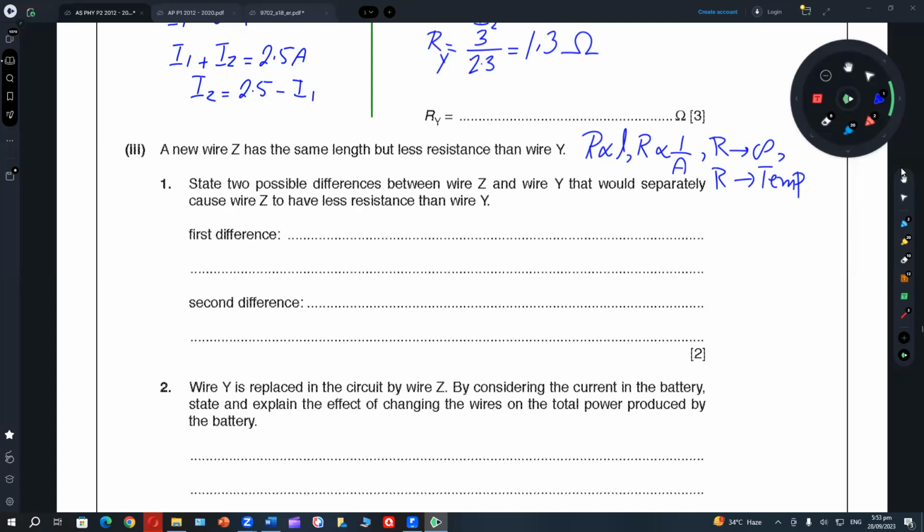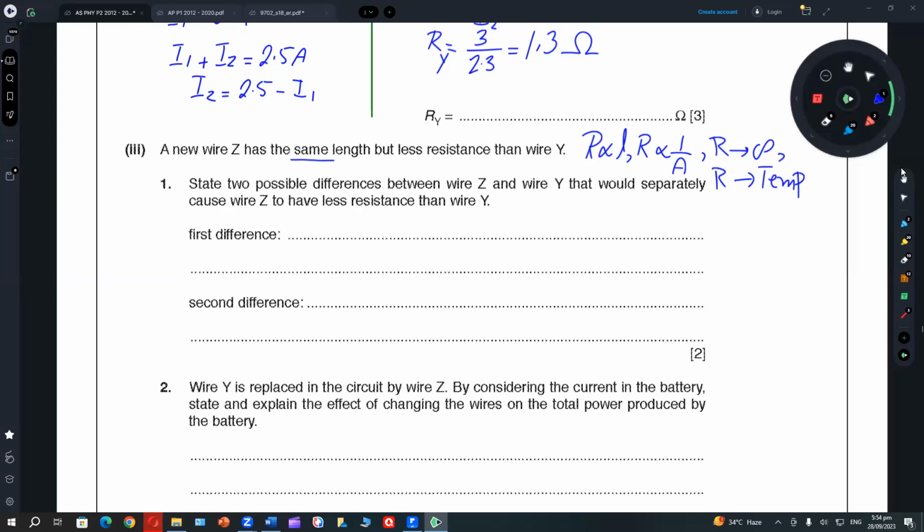So we could say Z has a bigger diameter, because length is the same, so the length option is blocked. The first possible reason is the same material or different material. No, he has not mentioned that, so we can change the material also. You can say cross-sectional area or diameter.